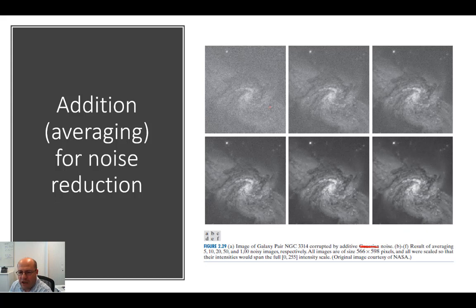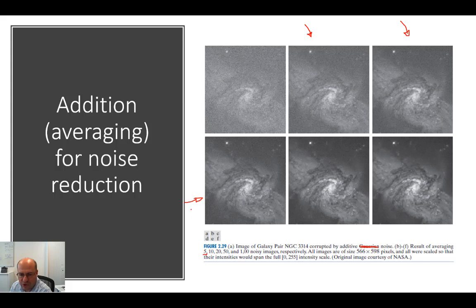And the next pictures are the results of averaging. This is the result of averaging 5 images of the same galaxy, then 10 images. So you see that this noise and bad definition is disappearing, and you're having an image that's much sharper than the initial one.